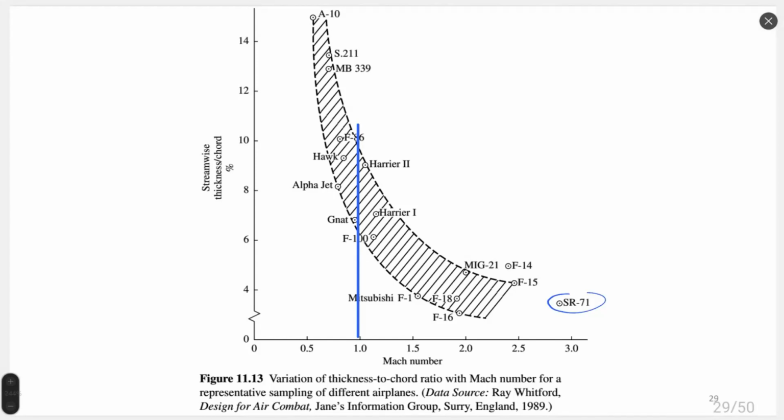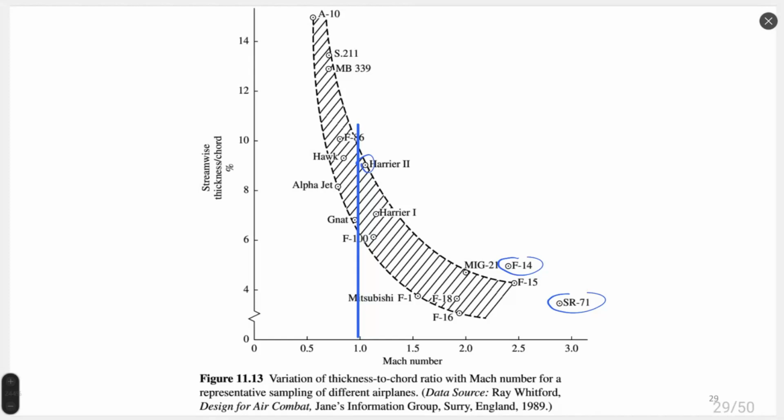Very special, or the F-14, a very special aerospace structure, not exactly fitting inside this paradigm. So thickness for supersonic flight is small, at most 10% for the Harrier 2, but I think it's more an exception than a norm.